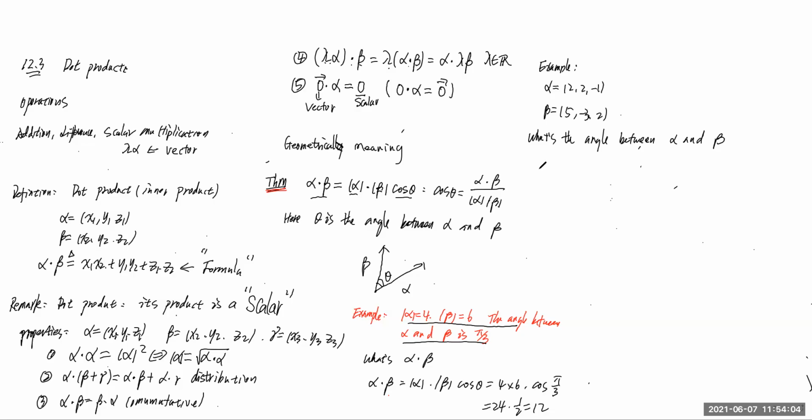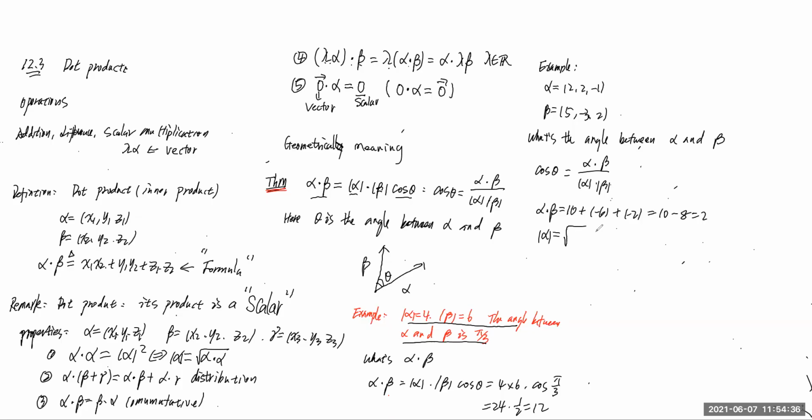Cosine theta is alpha dot beta, divided by the length of alpha multiplied by the length of beta. So you have to first compute this. How do we compute this? This is 2 multiplied by 5 is 10, plus 2 multiplied by this is -6, and plus the last term. So we get 10 minus 8 is 2, right? I hope it's right.